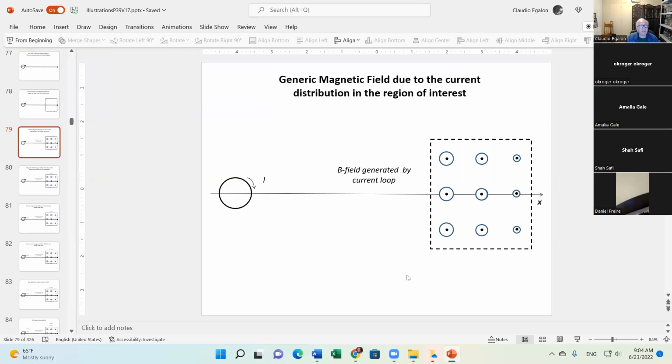The magnetic field decreases as you go further and further away from my source. The decreasing magnetic field is depicted by the size of the circle. The direction of the magnetic field is depicted by this point here. The magnetic field changes with position, right?